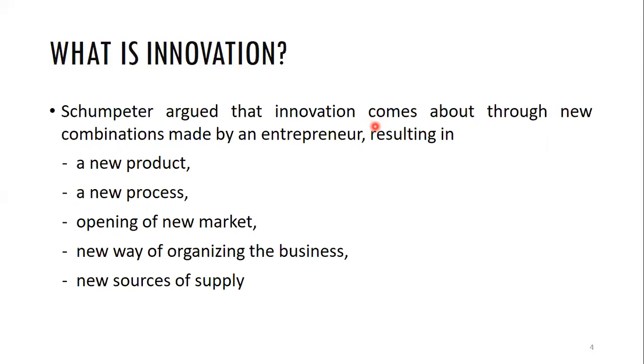Schumpeter argued that innovation comes about through new combinations made by an entrepreneur. So let me tell you something about Schumpeter. Schumpeter actually identified innovation as the critical dimension of economic change.